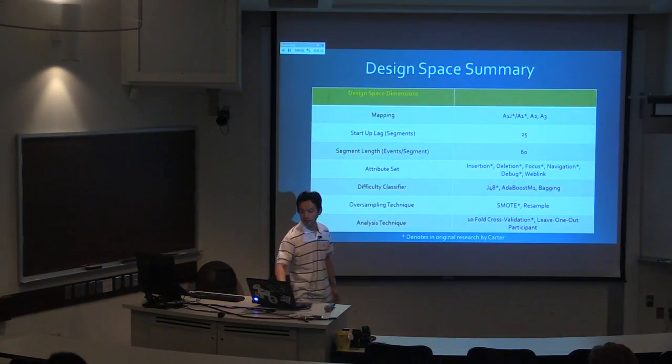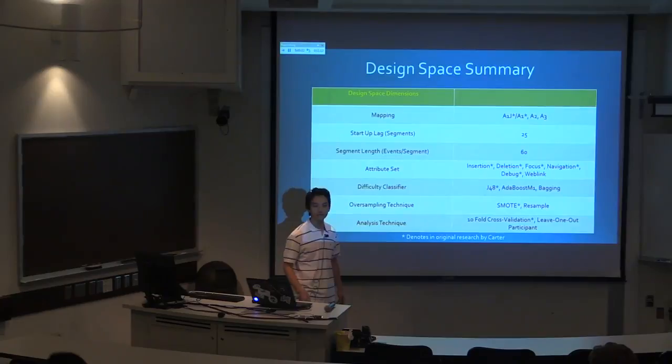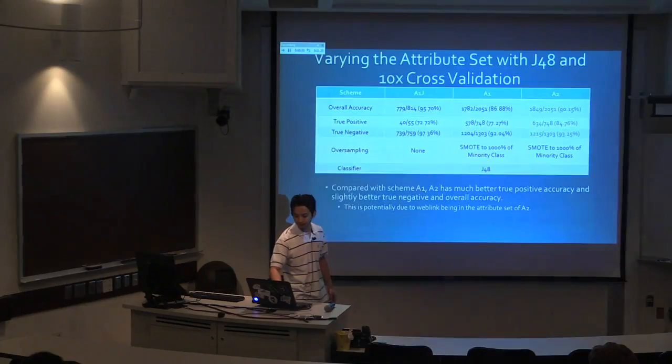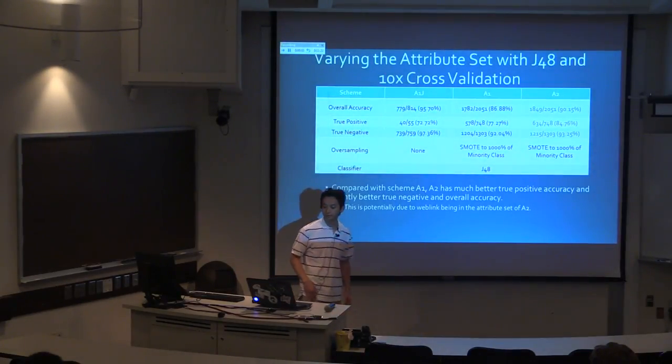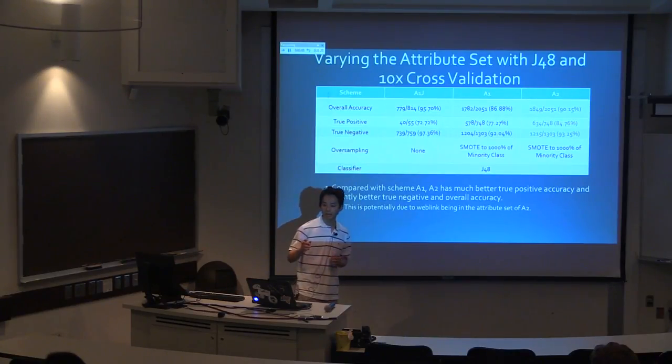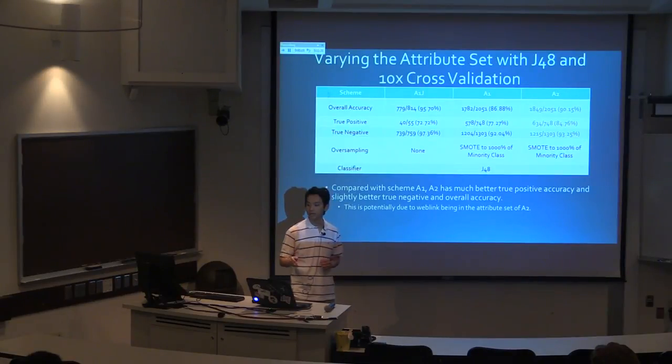And here's a summary of all the different features and the dimensions. The stars are the ones that were in the original research. So the original research was pretty good, but after testing A2 with cross-validation, there is a general improvement all across the board.